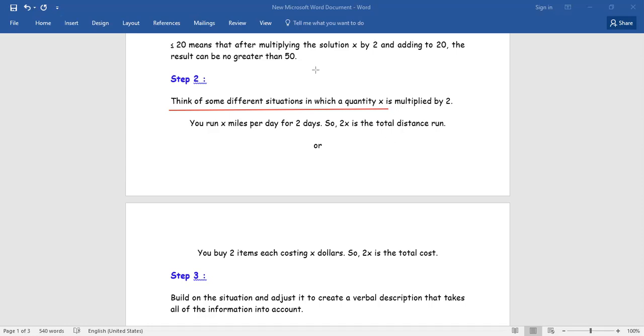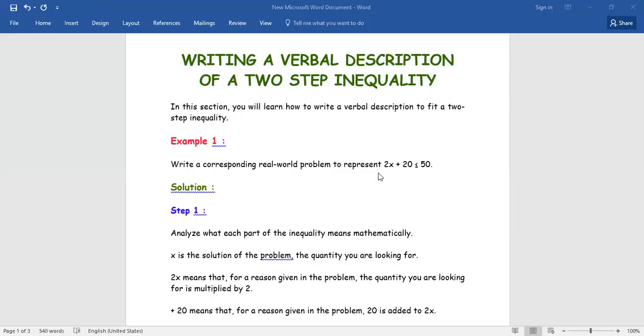Step 3. Can anyone tell me again what the first two steps are, grade 7? The answer which we are looking for is multiplied by 2. You will choose anything that stands for x, and then we will multiply it by 2.